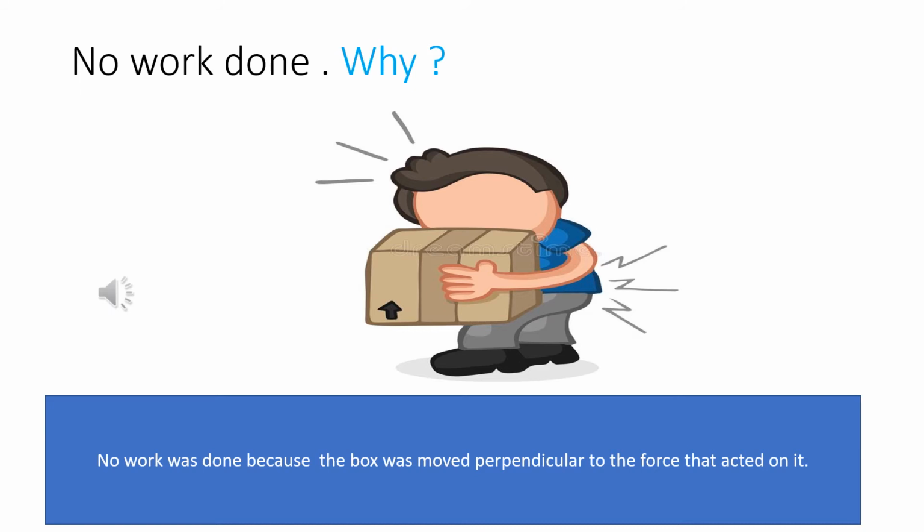The box weighs 80 newtons. The weight is perpendicular to the boy's movement. Therefore, in this case, no work is done. I repeat, no work was done because the box moved perpendicular to the force that acted on it. Let's continue with our next slide, and that's about power.